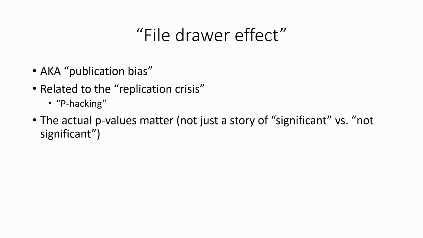Now, the final thing I wanted to say to conclude this discussion is that this notion of multiple testing correction is related to a different topic that I wanted to mention, the file drawer effect, which is sometimes also known as the publication bias, and is related to what was popularized as the replication crisis, or sometimes called p-hacking.